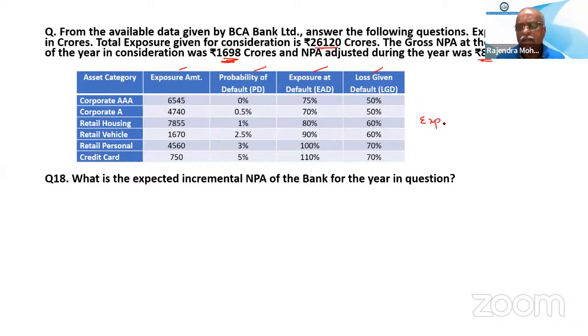That is called our exposure, multiplied by EAD, the exposure at default, means the amount which might go into default, multiplied by how many accounts are to be defaulted, so probability of default. So you have to multiply all three: exposure into EAD into PD. Then if you add all the things together, whatever amount comes will be the incremental NPA. This exposure is given here, EAD is given here, and PD is given here. So you can multiply these three.